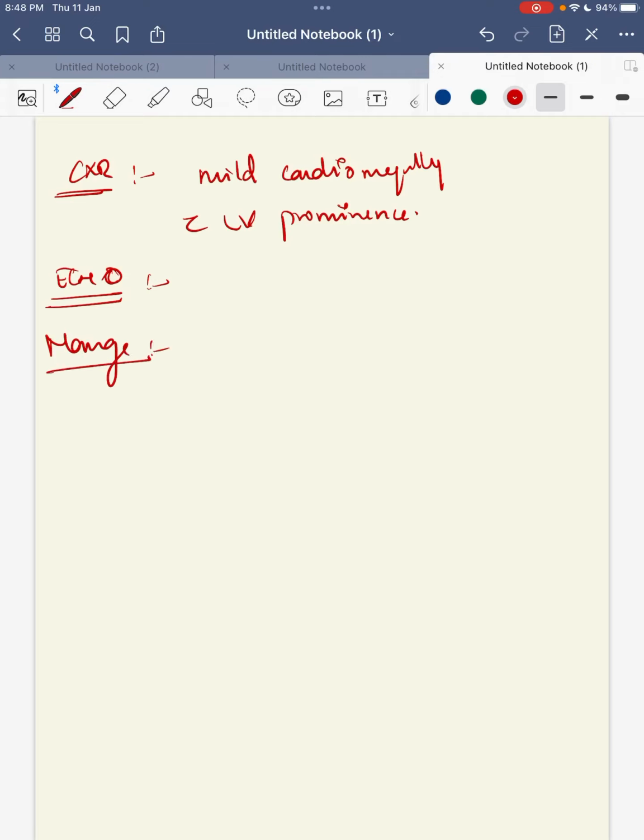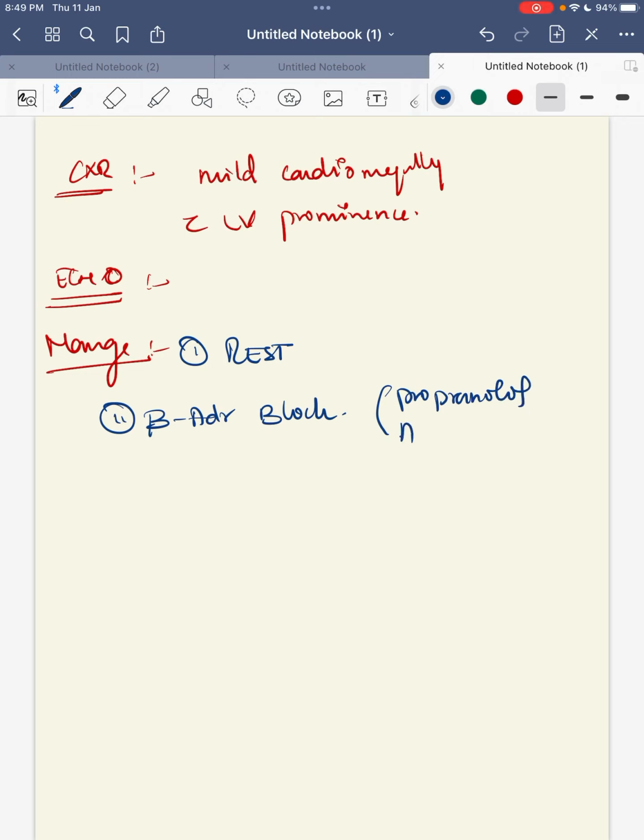Okay. Next, in management, first and foremost is rest. That is restriction from strenuous physical activity will be the first. Second is beta adrenergic blockers. The beta adrenergic blockers that you can use here are propranolol, atenolol or metoprolol.